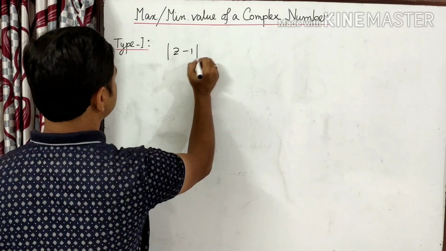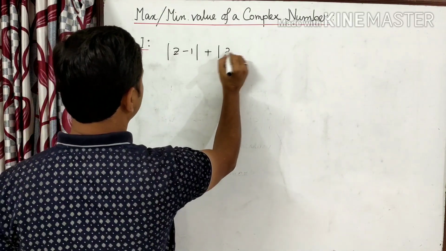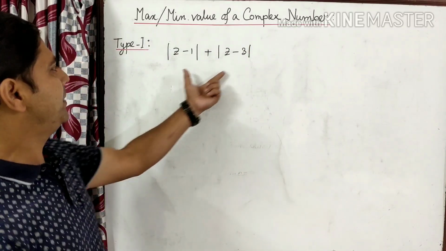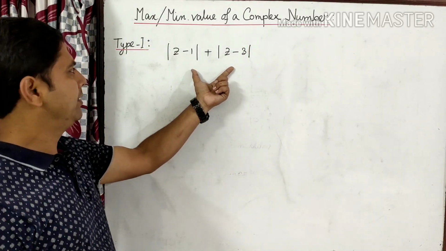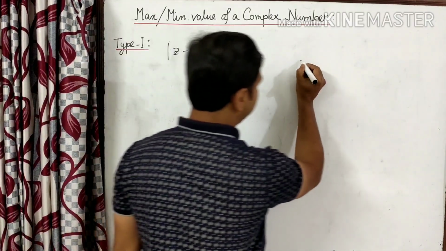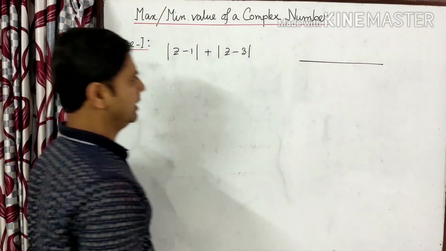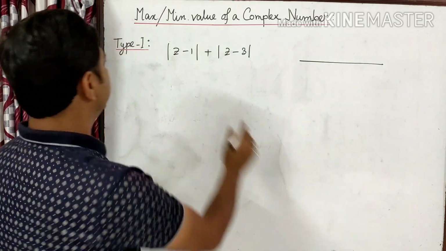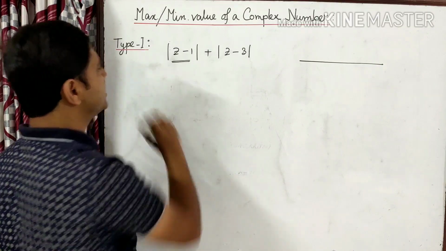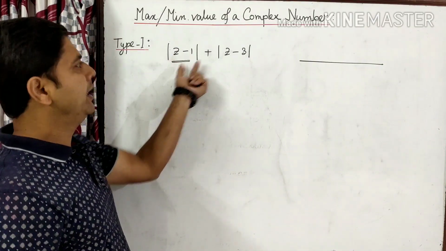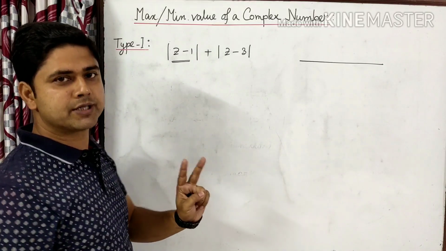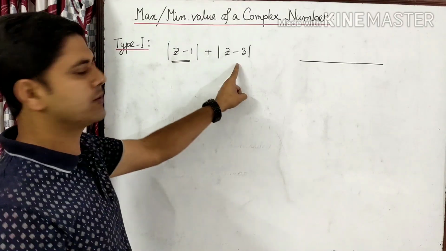Modulus of z minus 1 plus modulus of z minus 3. Now you have to find the minimum value of this expression. Here we consider a number line. If we consider this part equal to 0, that means z minus 1 equals 0 and z minus 3 equals 0, then you have two values, 1 and 3.